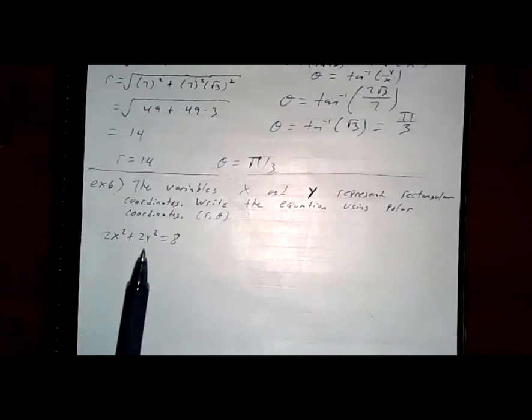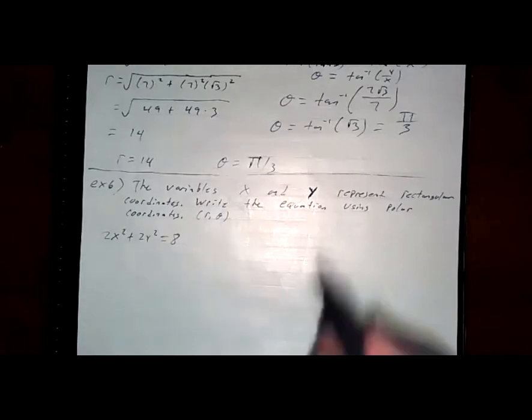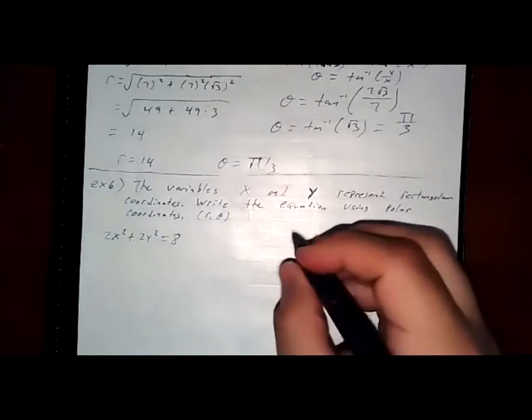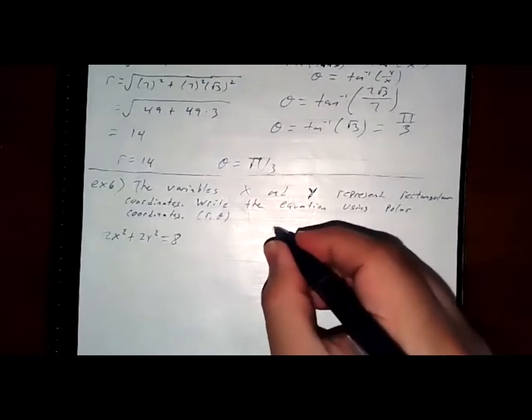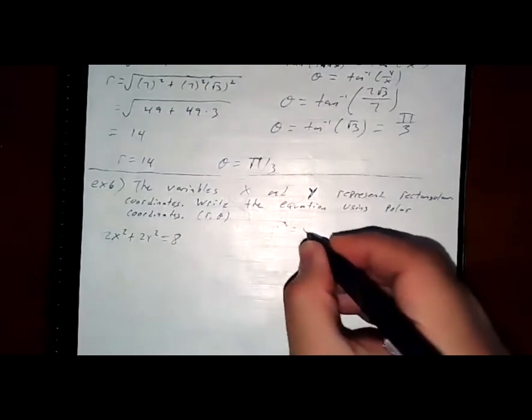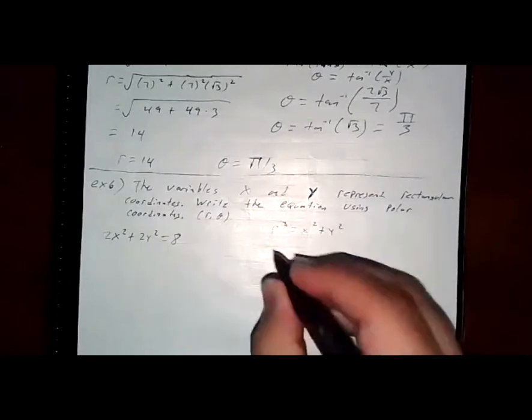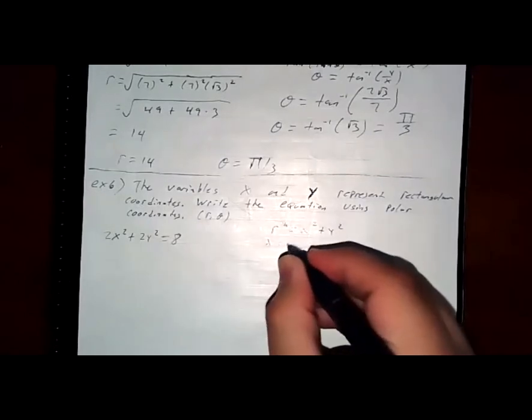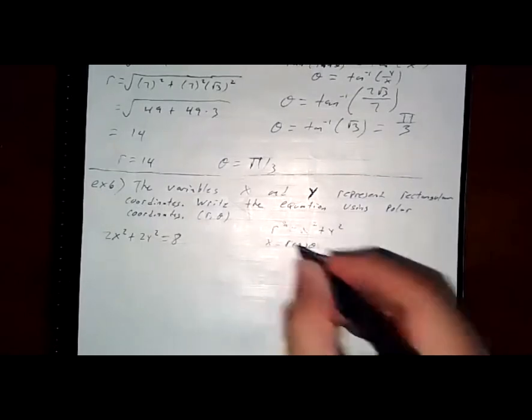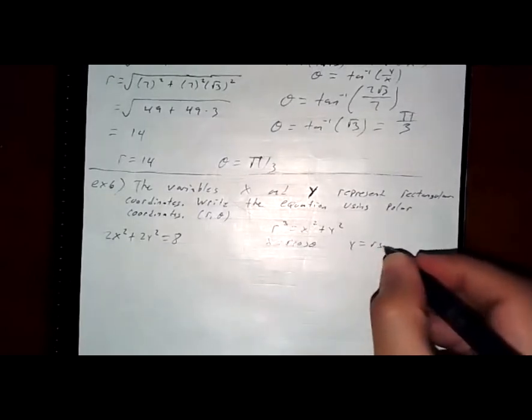We're going to need all the formulas for these types of problems, so I would recommend having them handy. For example, r squared is equal to x squared plus y squared. X equals r cosine, y equals r sine.